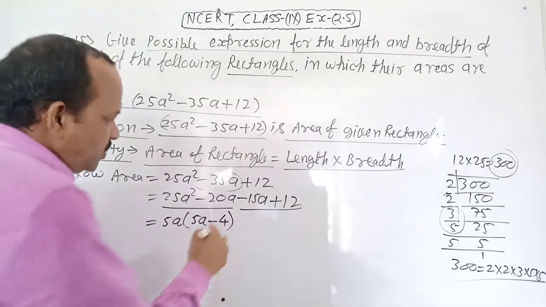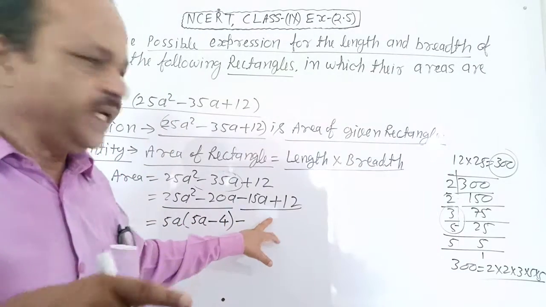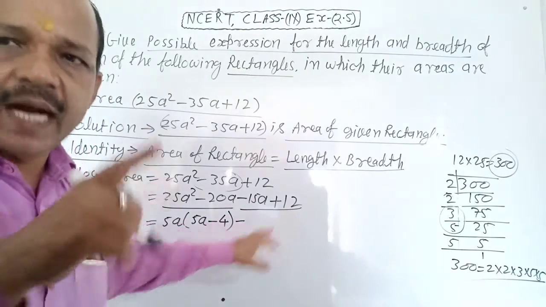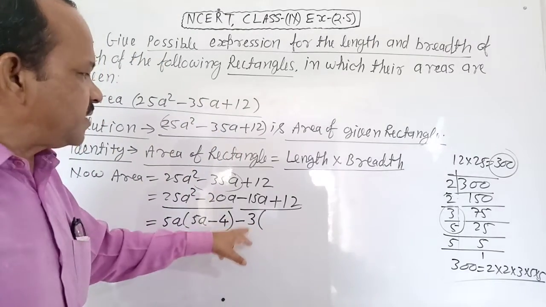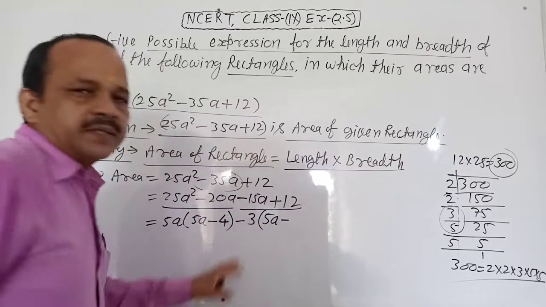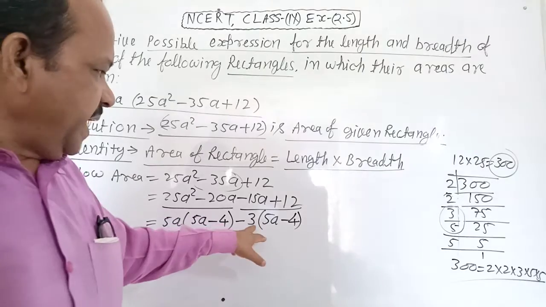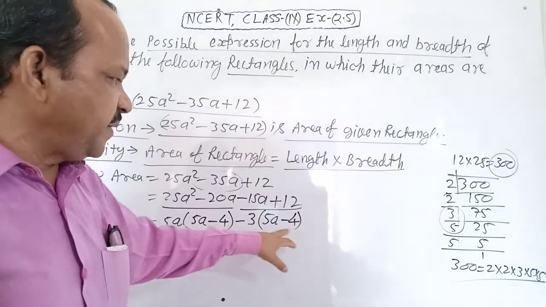Clear? Now you can take common in the second pair. Here 15a and here 12. You can take minus 3 common. Here you can write 3 times 5 is 15, 5a minus 4. You take minus 3 common. In brackets you find 5a minus 4.